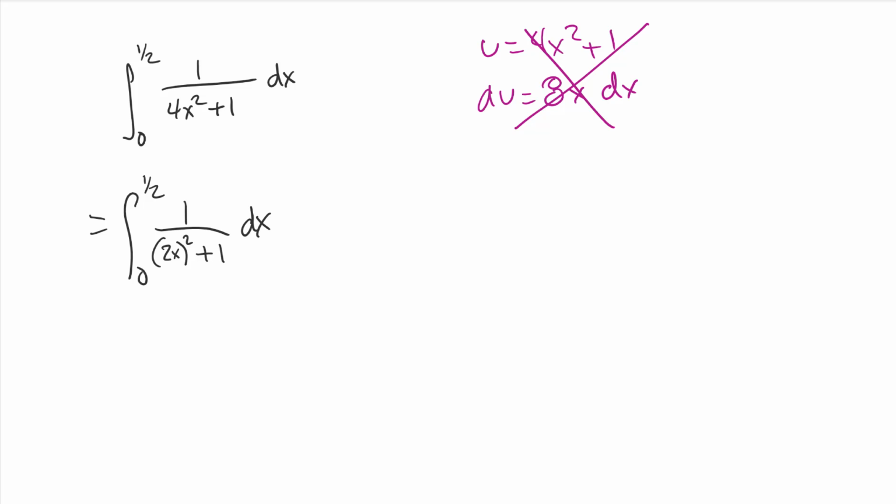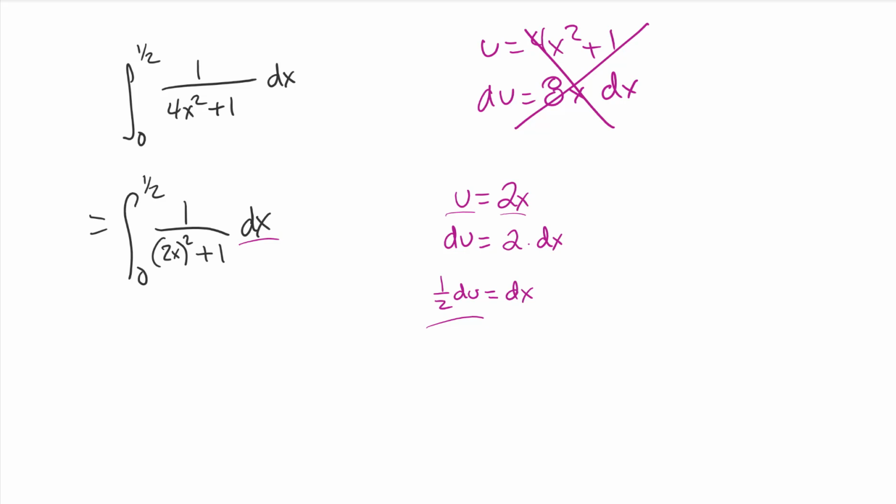This one is uber tricky. So now we can say, let's let u just equal 2x. And then du is just going to equal 2 dx. Let's divide the 2 over and we get 1/2 du is equal to dx. So we'll replace that dx with the 1/2 du. And we'll replace that 2x with a u.